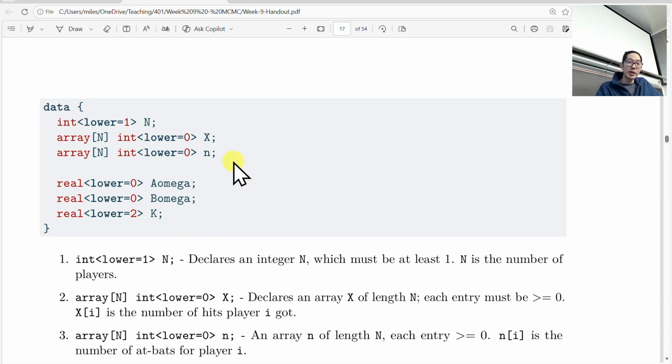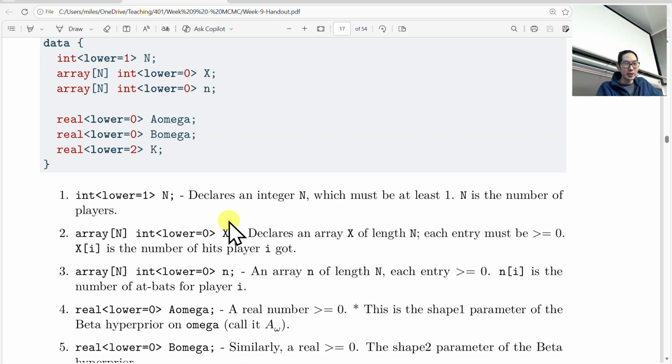So the data block. Stan has its own kind of language, I guess, for how you have to do things. So you have to declare things like this is an integer, and this is an array, and this is a real number, and so on and so forth.